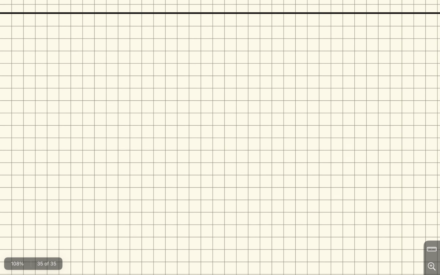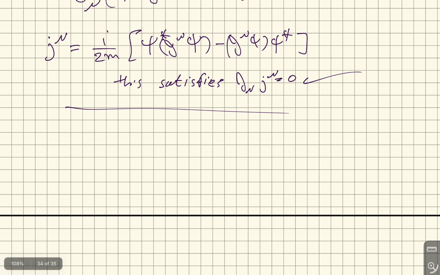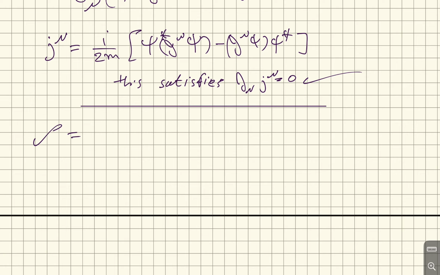Now let's check the density, the first condition, whether the density is positive. Rho is J0.